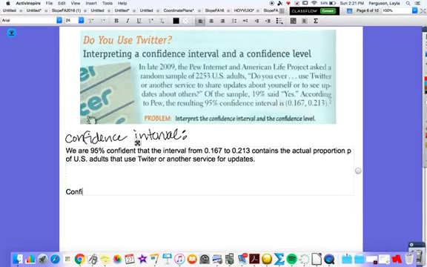So next we'll talk about the confidence level. Again, we're using 95%.